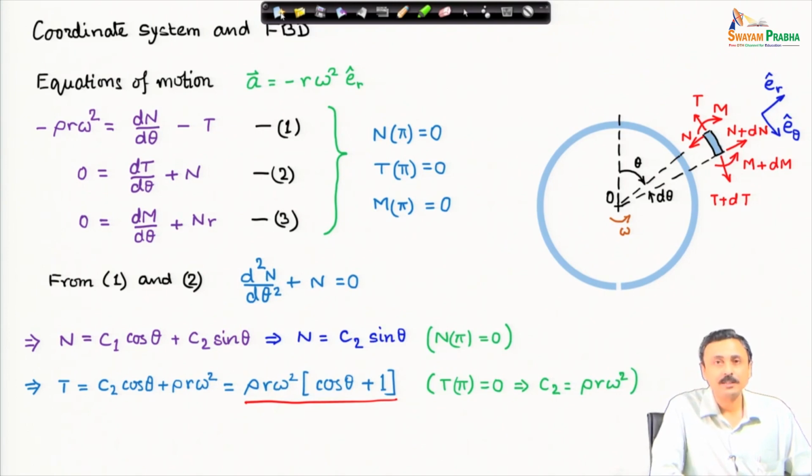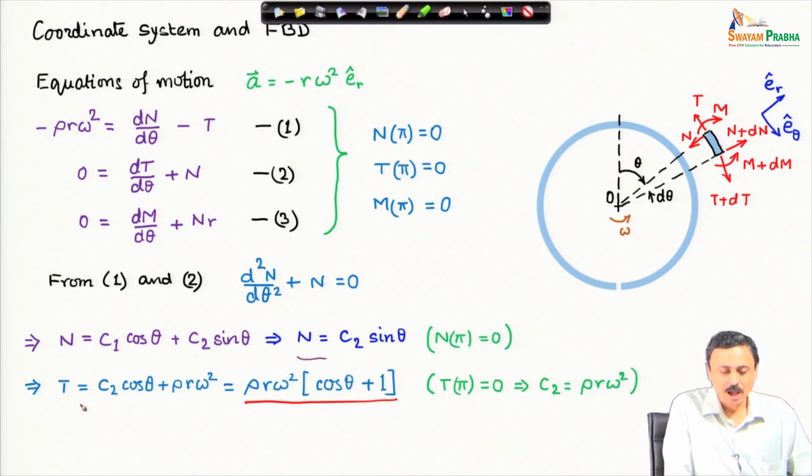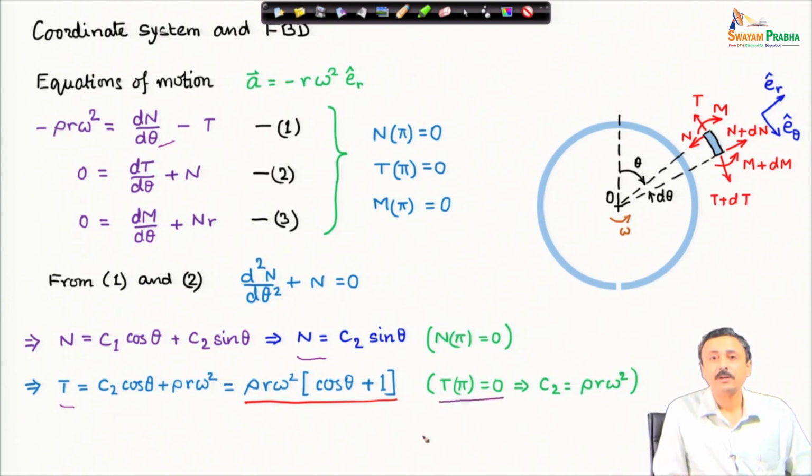Let us look at the tension solution. Now, if I get N in terms of C2, I just substitute in the first equation and solve for the tension. Therefore, tension becomes C2 times cosine theta plus rho r squared omega squared, and when I use the condition that the tension at theta equal to pi is 0, we can solve for C2.